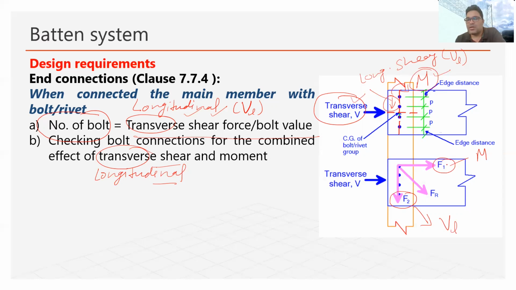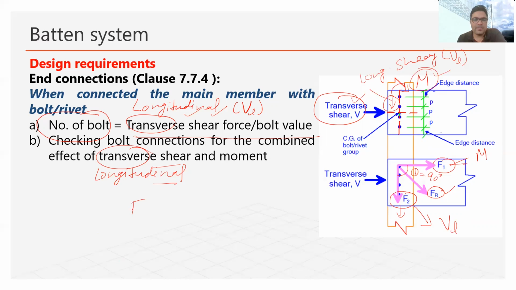F1 will generally act in this direction, F2 will generally act in this direction, and the angle between them will be theta, which is generally 90 degrees. So the resultant of F1 and F2 will be Fr. We will find out the value of Fr, and this Fr should be less than the bolt value.